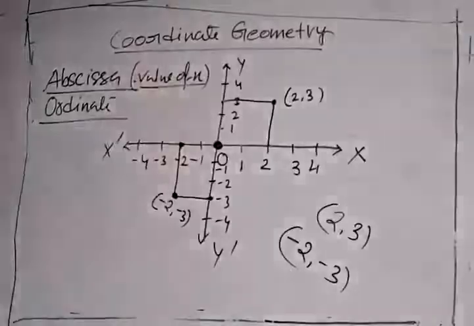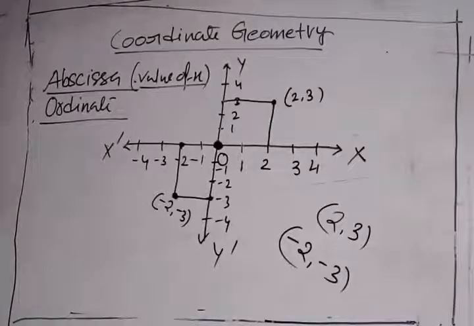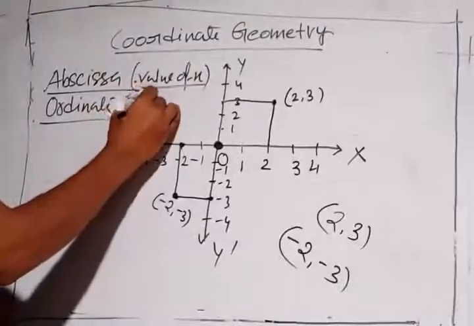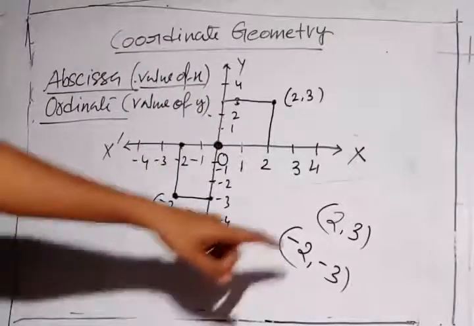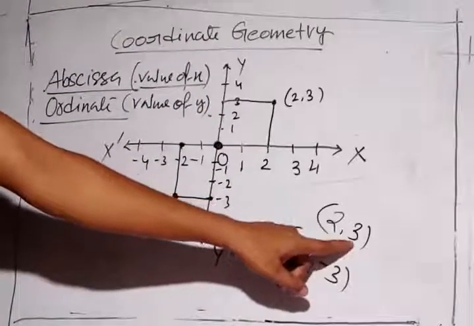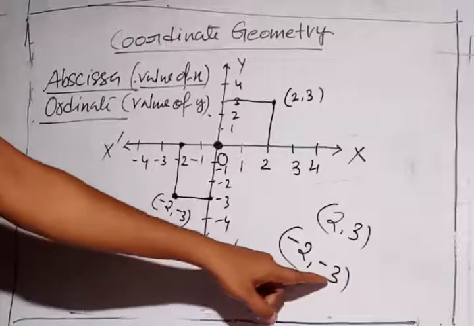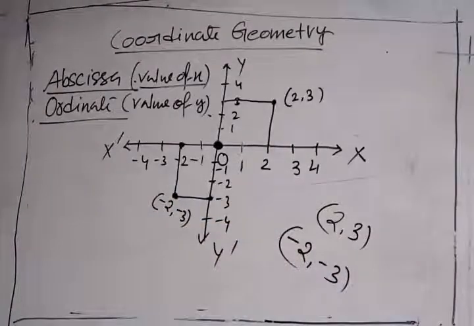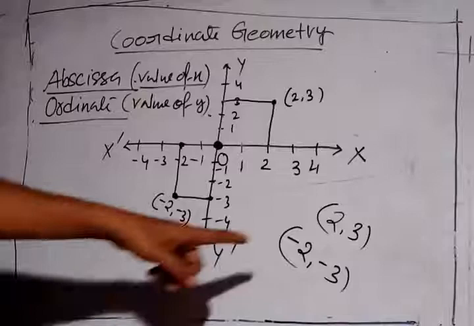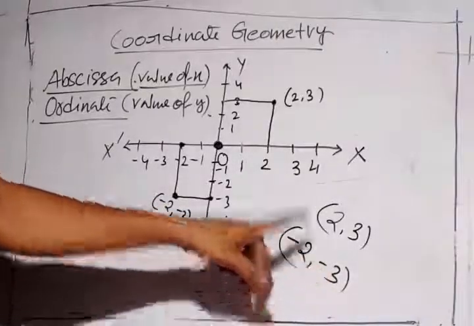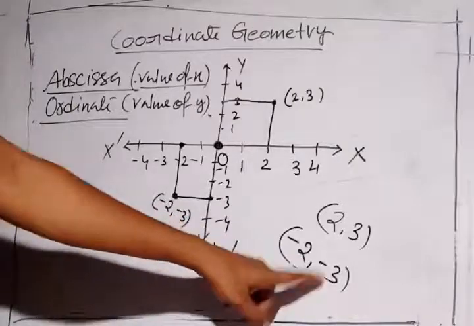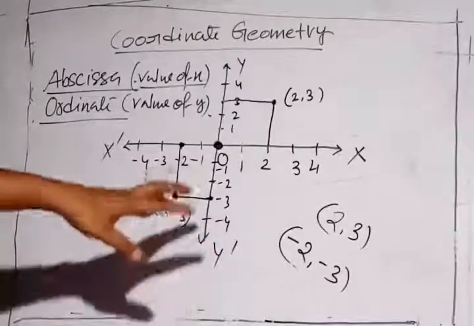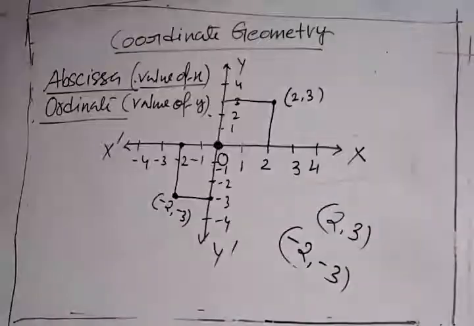Value of x is also called abscissa, and the ordinate is nothing but the value of y. That means here abscissa is 2 and the ordinate is 3. Here abscissa is -2 and the ordinate is -3. Sometimes we say this is value of x and value of y, but sometimes you can say abscissa -2 and ordinate -3. Then they have these two names also. Remember this. You can write down all these things.